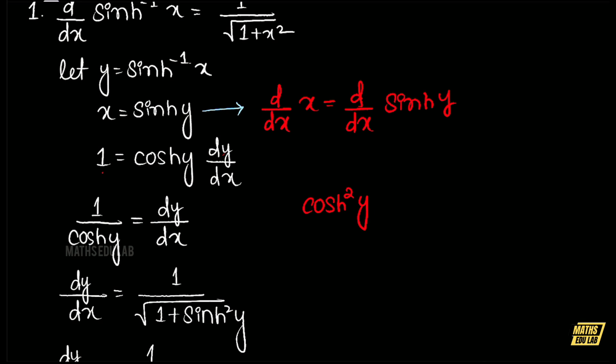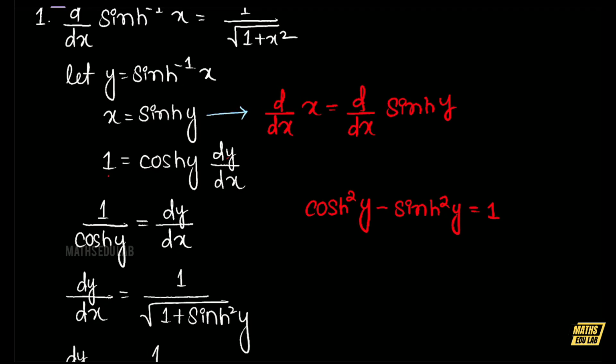Cos hyperbolic square y minus sine hyperbolic square y will be equal to 1. Here it is given in the cos form. So as I have told you that this is in the form of cos hyperbolic y, I have to follow this formula. Then we can change this one to cos hyperbolic y.